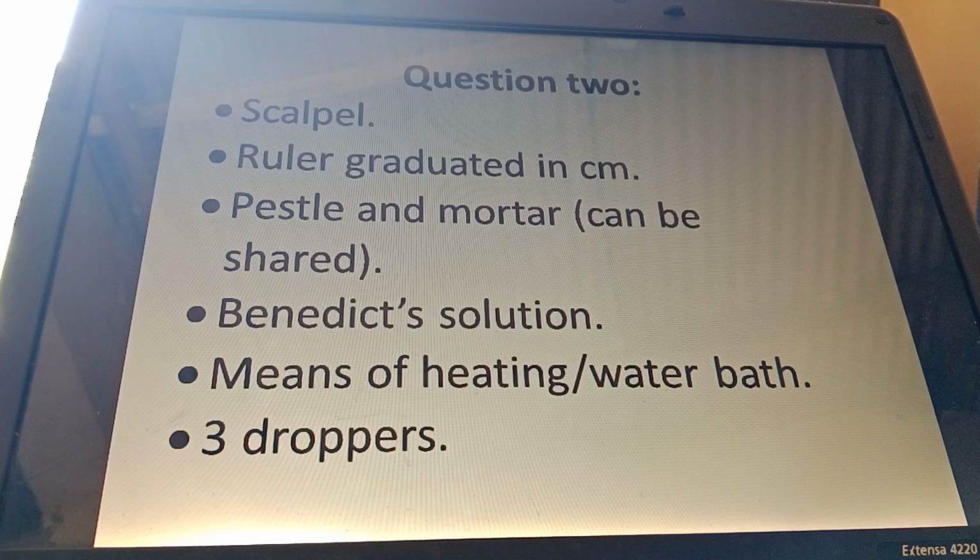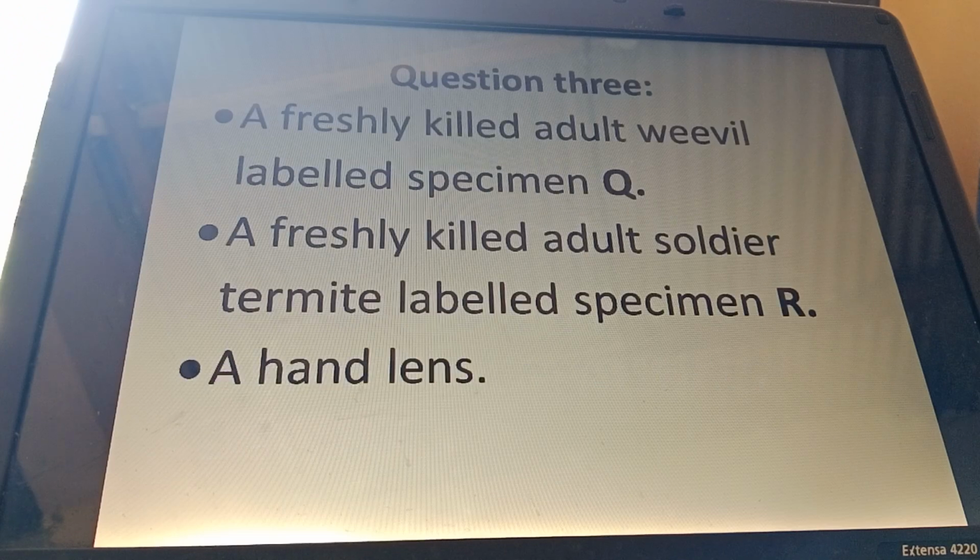You can see we required quite much. Question 3. A freshly killed adult weevil, labeled specimen Q. A freshly killed adult soldier termite, labeled specimen R. And then you require a hand lens.